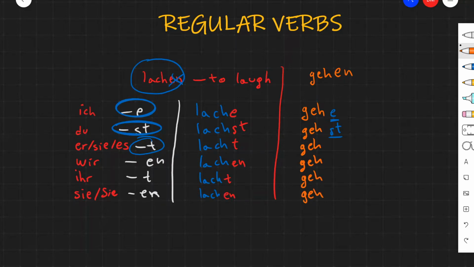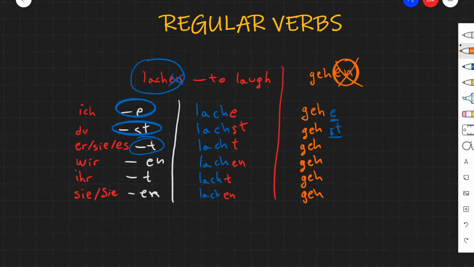Okay, so the first thing we did is we mentally blocked out the en. Then, as I told you a little while ago, we just put the endings corresponding to the personal pronoun.